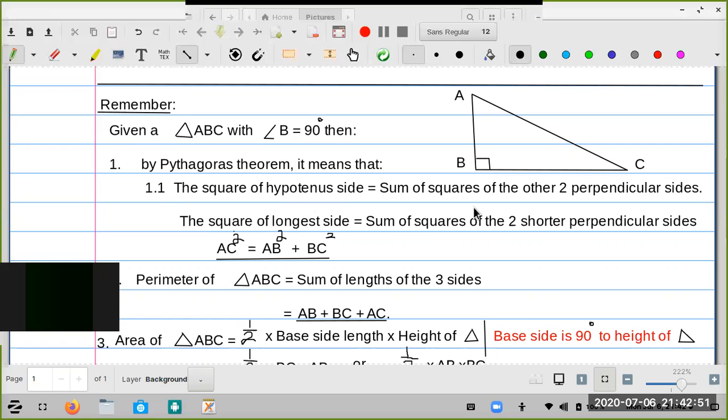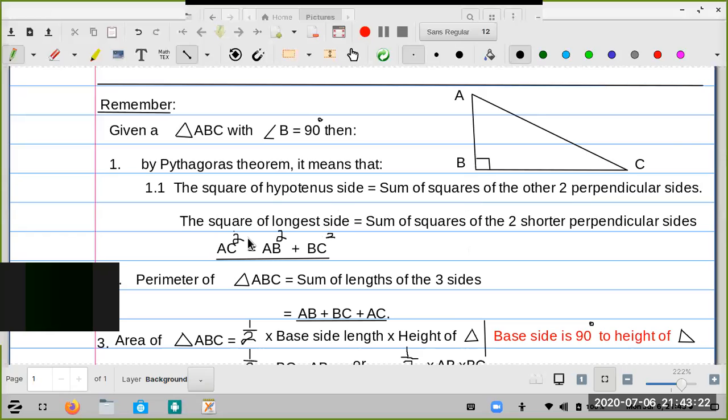Then instead of using words like the two perpendicular sides, we can make use of the two shorter perpendicular sides, right? Remember, we are saying the longest is opposite 90 degrees, which means the other two sides are shorter than the longest side. So we can make use of the first definition here. The square of the hypotenuse side is equal to the sum of squares of the other two perpendicular sides.